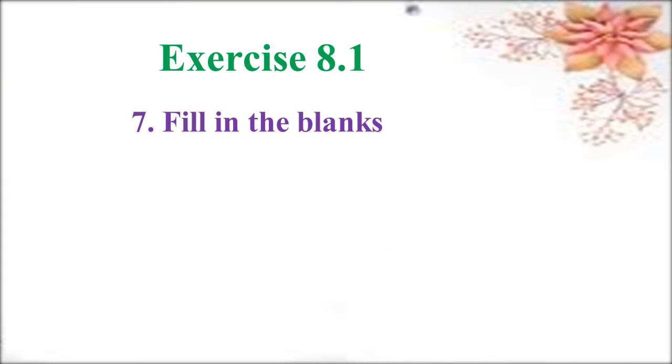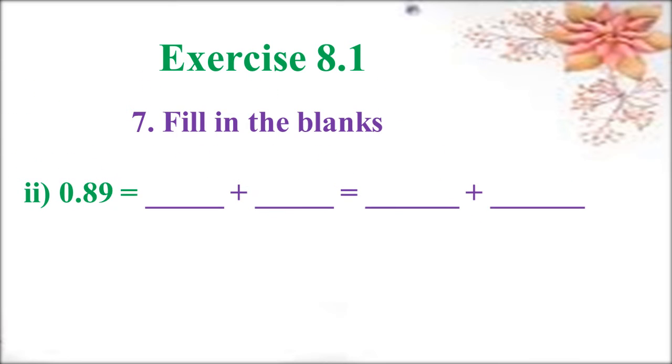Now we are going to solve this fill in the blanks. Second one, 0.89. Now we are going to write expanded form. That means first we can write 0.080, isn't it? Yes. Then what about the next one? The hundredths digit, what is the one? 9.